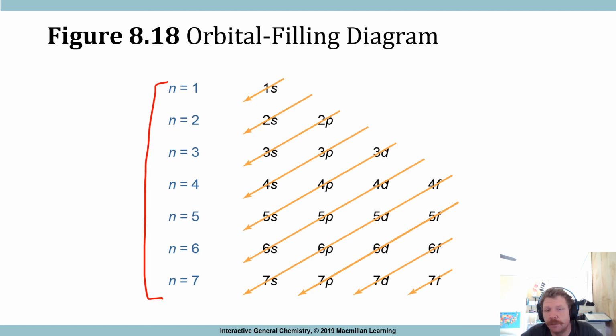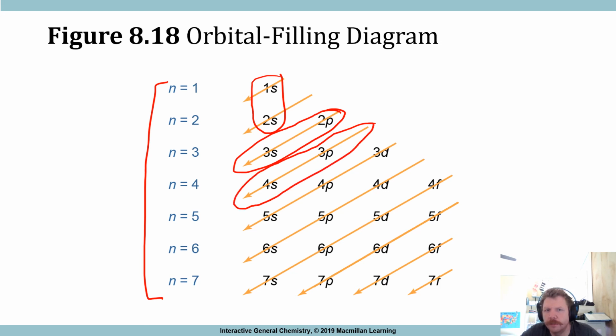Now, the sequence in which these orbitals are going to be filled, however, is first you're going to fill the 1s orbital, then the 2s orbital. After that, you're going to fill the 2p, then the 3s orbital. After that 3s orbital, you're going to fill the 3p, then the 4s orbital.